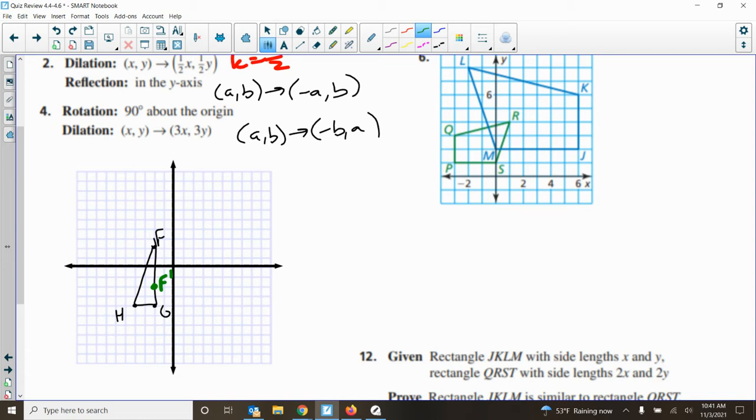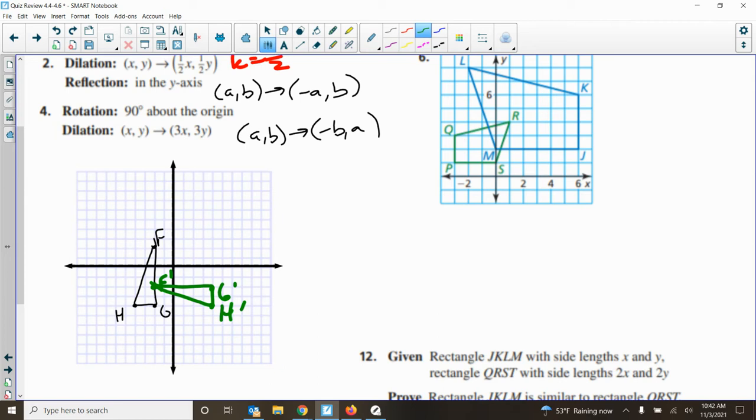G is negative 2, negative 4, that will go to 4, negative 2. This will be G prime. And then H is negative 4, negative 4, that will go to 4, negative 4. And there's our 90-degree rotation.